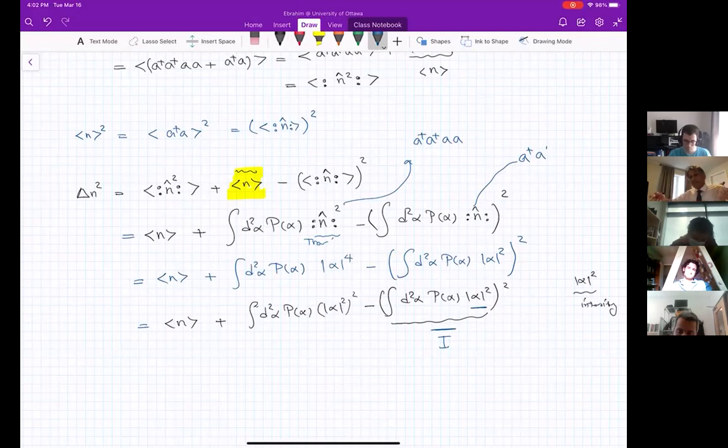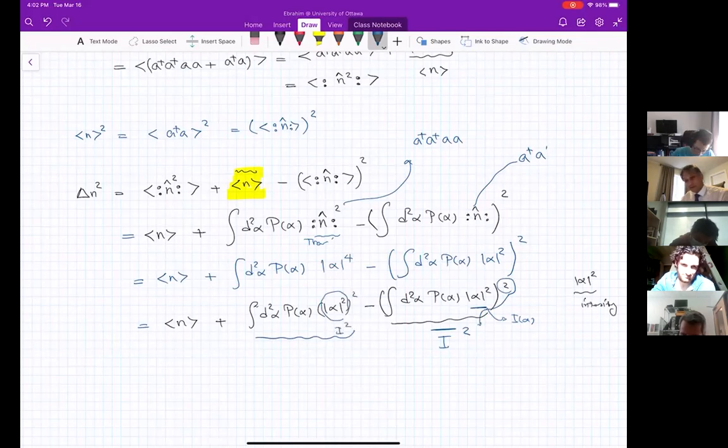You have a probability distribution and you provide the intensity, which is a function of alpha. You are doing the average of intensity over that probability distribution, to the power of 2, because we have a power of 2 here. What about this one? This is intensity, and that is intensity to the power of 2, averaged.